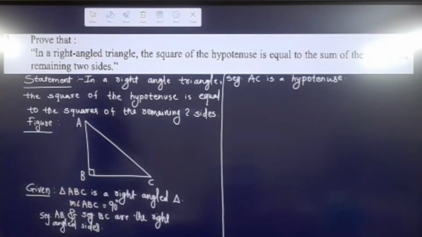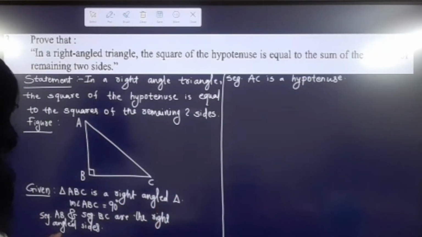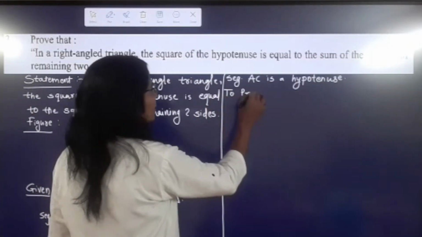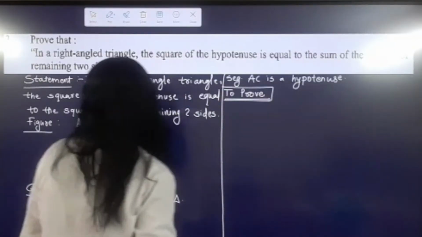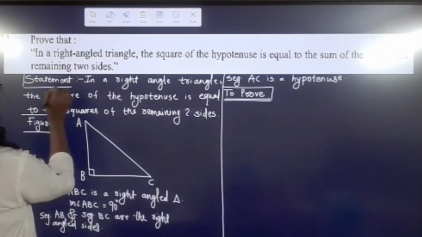After the given comes the turn of 'to prove'.